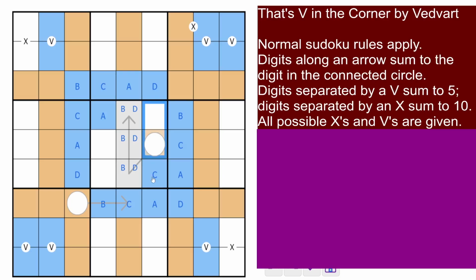If we check, D is not here. D cannot be beside C, because that will be 10 and that is not allowed. So D is one of these. Similarly, B cannot be here. B is one of these.